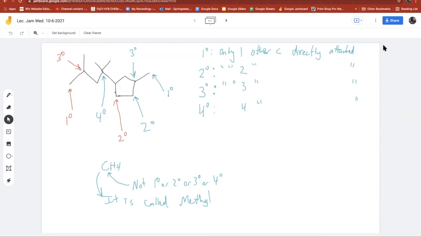So if I have now a molecule like this, let's say, this hydrogen right here, what do we call this hydrogen? Do you think we call that hydrogen primary, secondary, tertiary, quaternary, or methyl? That hydrogen is a tertiary hydrogen because it's on a tertiary carbon.